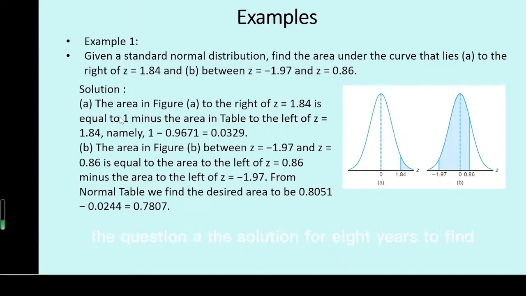For question A, the solution is to find the area in figure A to the right of z equals 1.84. This probability is equal to 1 minus the area in the table to the left of z. So if we want to find this shaded area, just use 1 minus this white area.